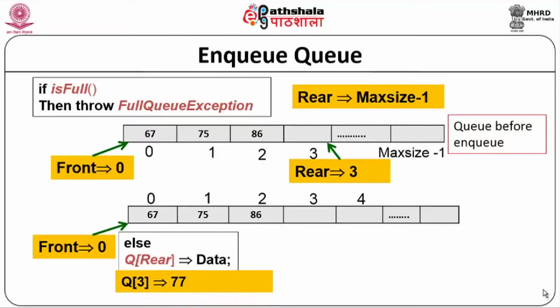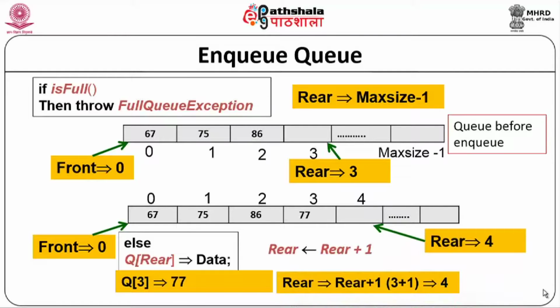If it is not full, that is where the else comes, you put q rear is equal to the data, in an empty location. So, now q3 gets 77. And then you have to increment rear. So, now rear points to 4, or rear is equal to rear plus 1, that is 4. So, this completes the NQ operation.